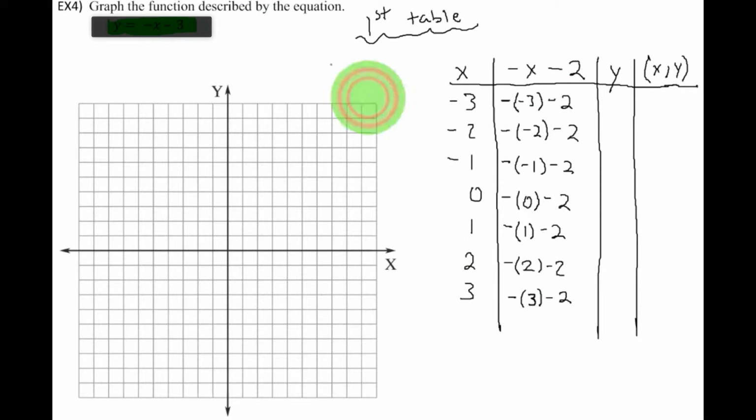I'm going to use a different colored pen. So I have negative, then in parentheses, negative 3, followed by minus 2, or subtracting 2 after that. Now what's going to happen with this negative sign outside of the parentheses and this negative sign inside of the parentheses? There's a couple of ways I can think about this.